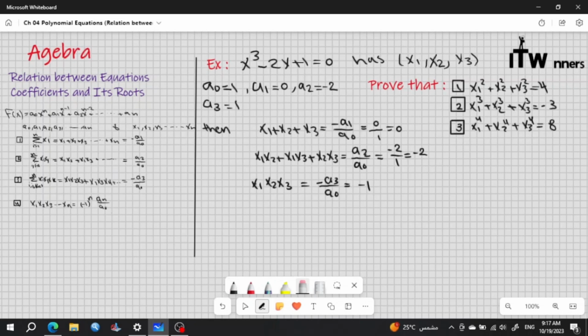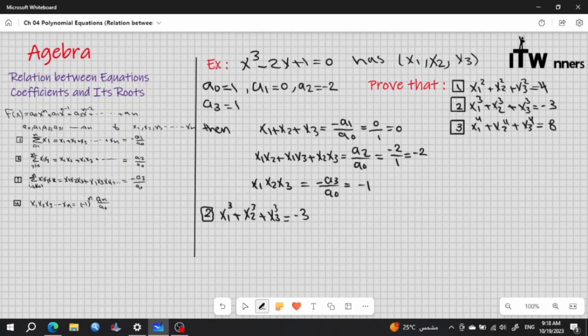Okay, so here we have to prove that x1 cubed plus x2 cubed plus x3 cubed equals negative 3. Okay, so just notice that from this equation we have x power 3.